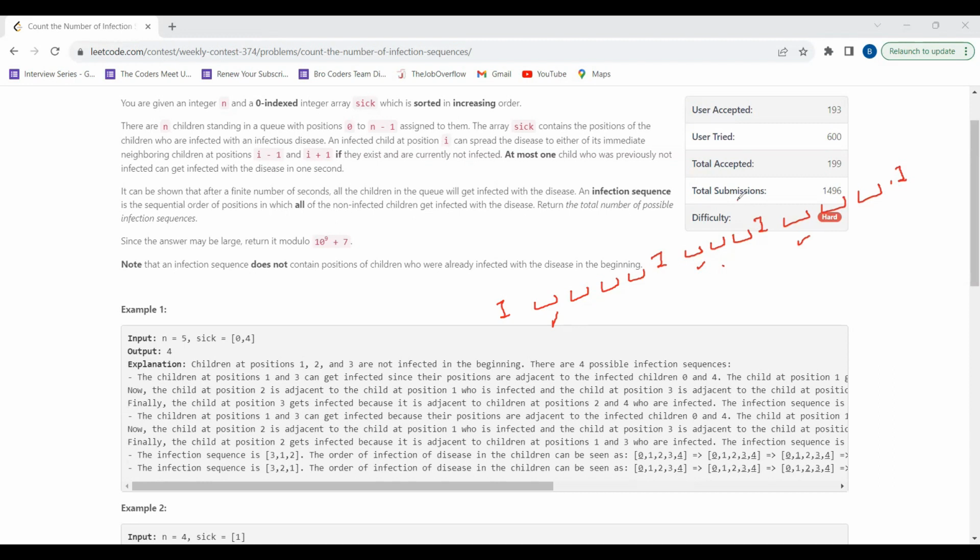Whatever is happening here won't affect what is happening here. But in a partition, what is happening here will affect what is happening here. What is happening beyond two infected people won't affect what's happening in between them. So these all can be treated as isolated cases.